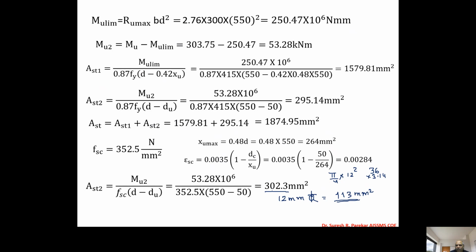If we go for 2 bars, no, sorry, we have to go for 3 bars. So you can go for 3 bars of 12 torque. You can also go for 16, where the area is 201, and for 2 bars the value will be around 404. Here 113 into 3 gives 339. So we should be economical. If we go for 16, that goes to 402, which is much greater than this.